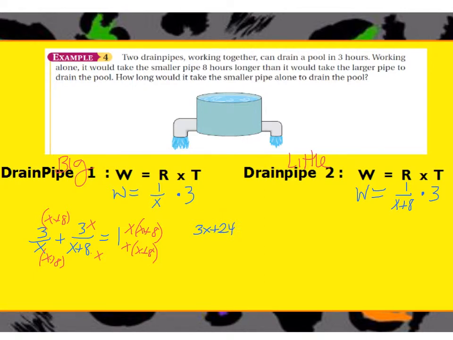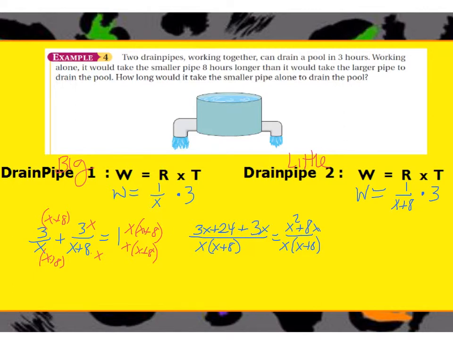And then plus, on the next fraction, it'll get me a 3x. All of that is over my common denominator of x and x plus 8. On the right side, it's also going to have that common denominator. I'm going to distribute in the top, and so when I take x times both of those, I'll have x squared plus 8x.